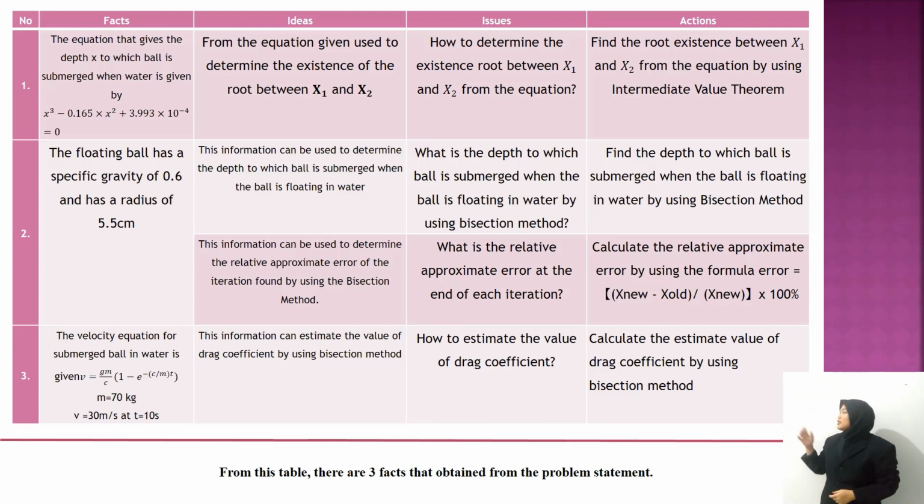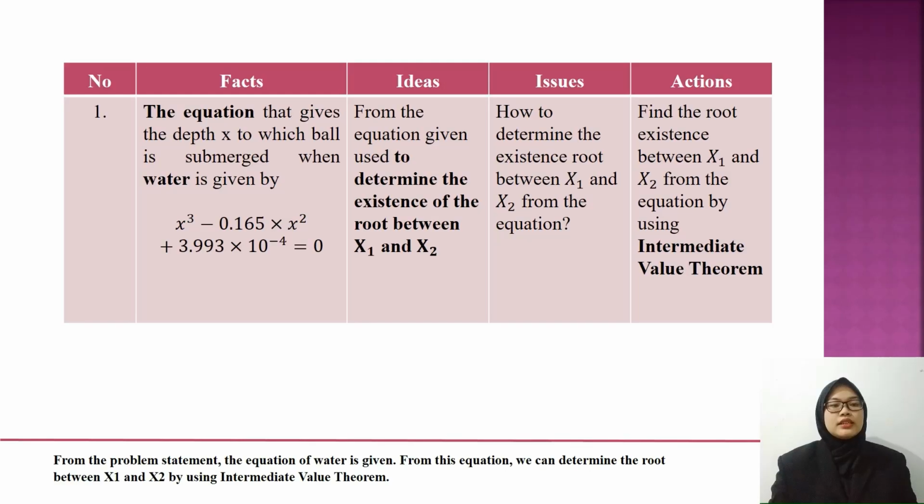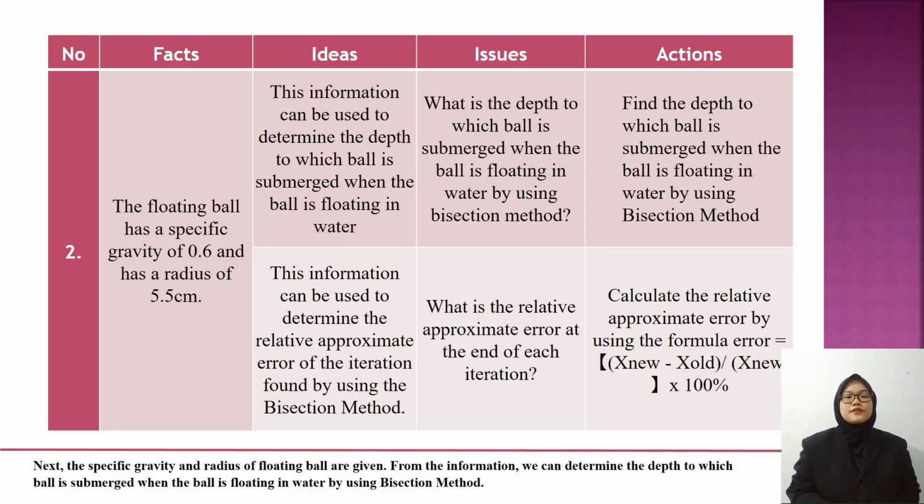From this table, there are 3 facts obtained from the problem statement. From the problem statement, the equation of water is given. From this equation, we can determine the root between x1 and x2 by using the intermediate value theorem. Next, the specific gravity and radius of the floating ball are given. From this information, we can determine the depth to which the ball is submerged when floating in water by using the bisection method.